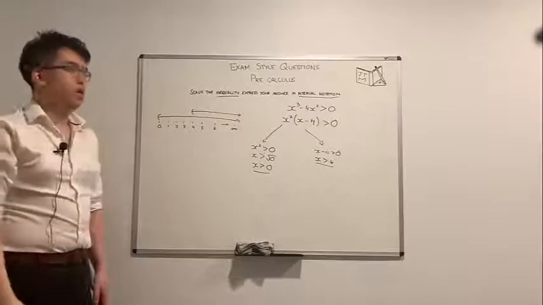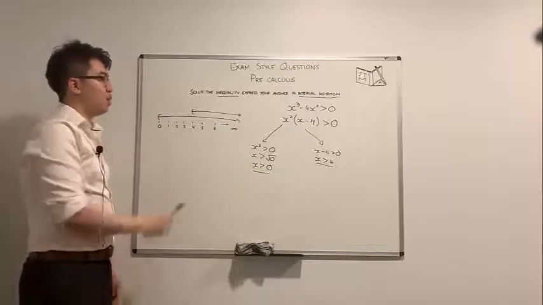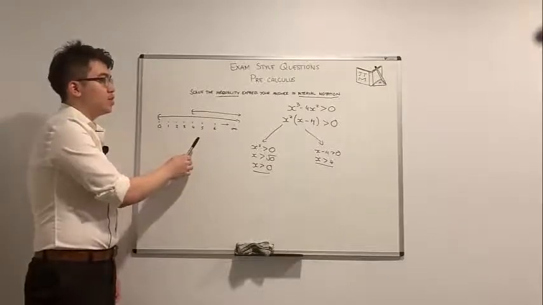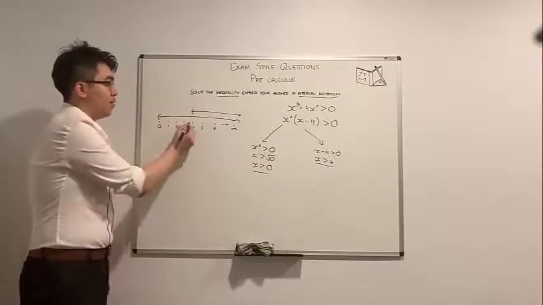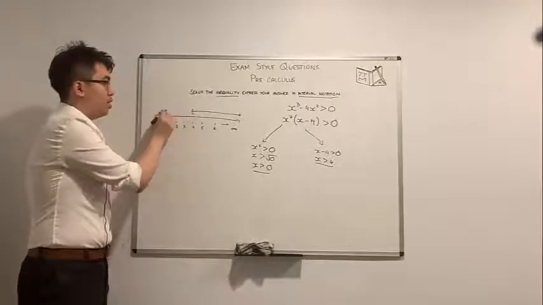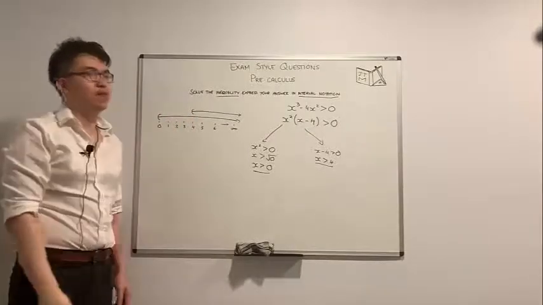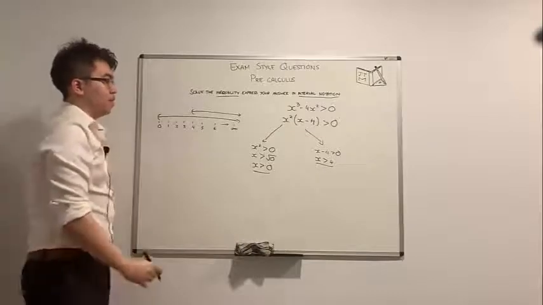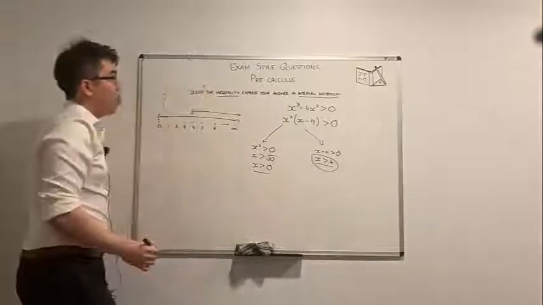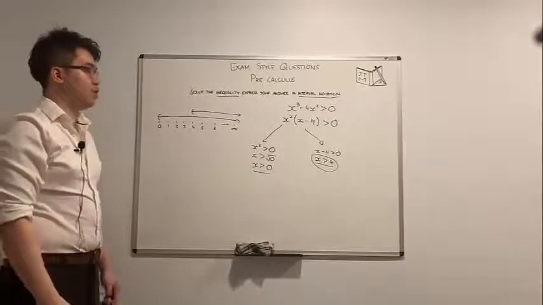We want to find all the possible values for x which satisfy both of these conditions. Therefore, it would have to be x greater than 4, because any value between 4 and 0 would not satisfy the inequality.